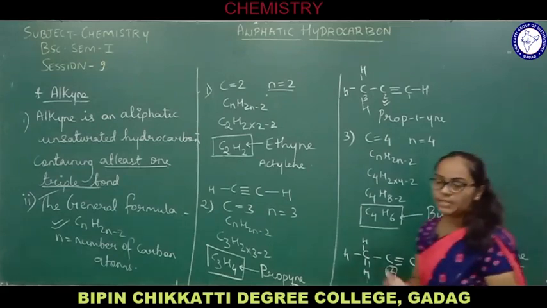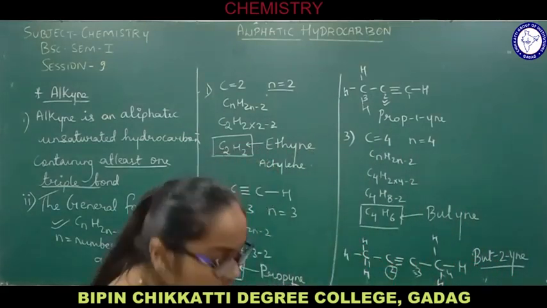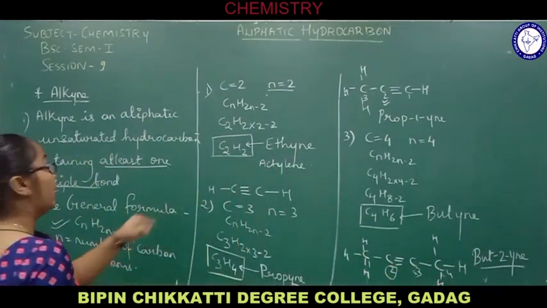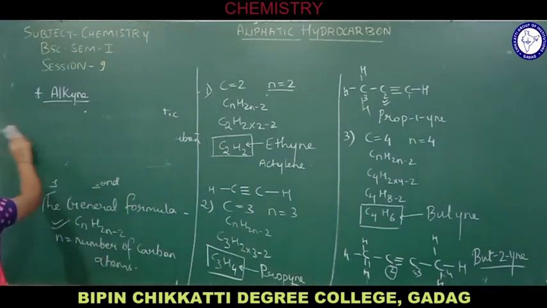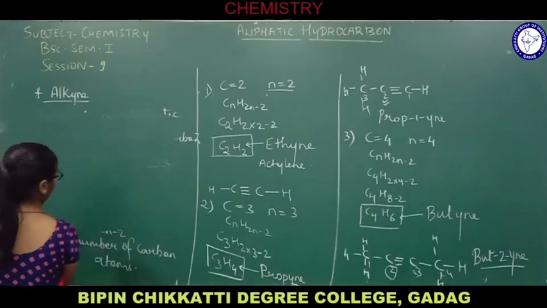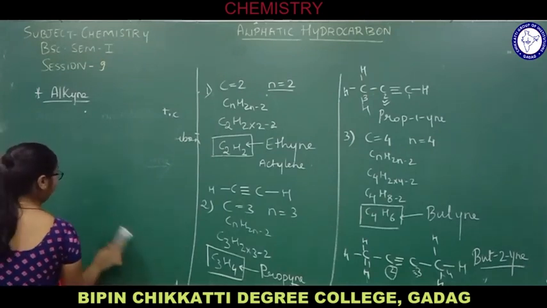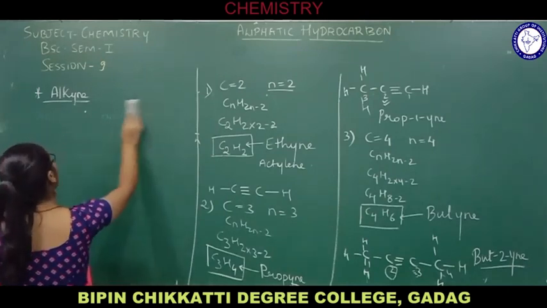Suppose someone gives another structure with the C4H6 molecular formula. How will the naming be for that particular butyne structure? The naming will differ depending upon the position of the triple bond.